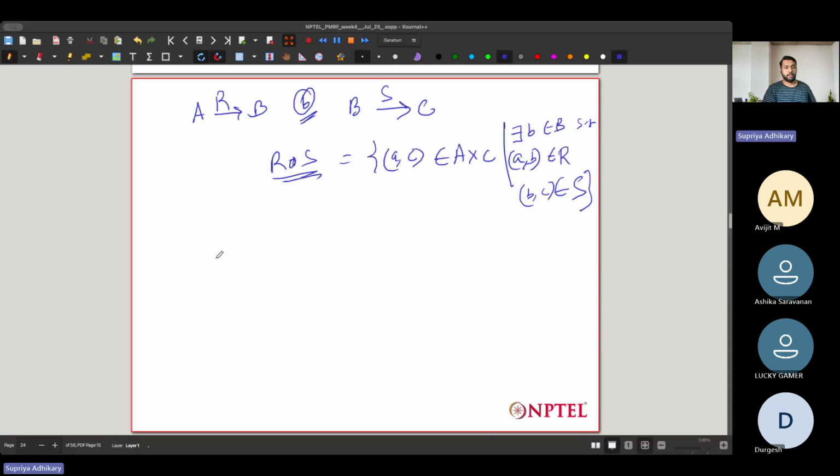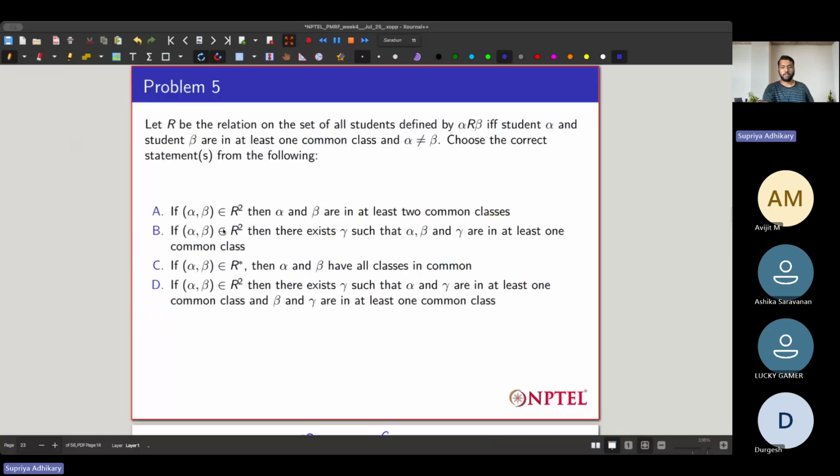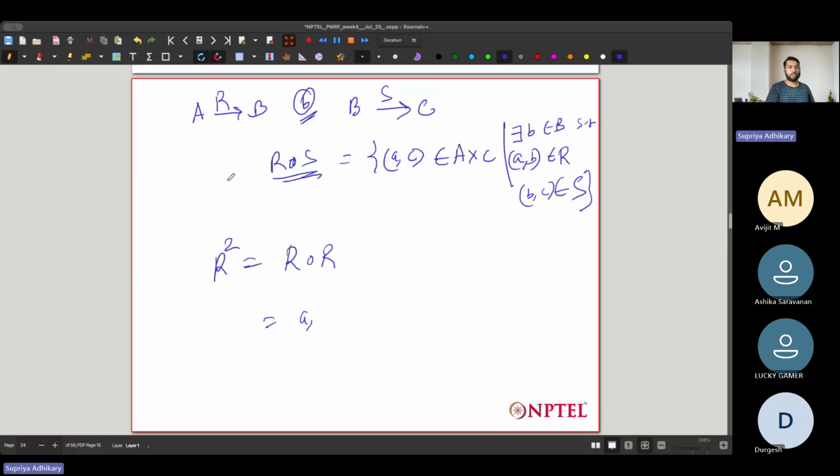Okay. And similarly, R square is basically R composed with R. For this case, since we are considering the set of all students, let us consider that S is the set of all students.